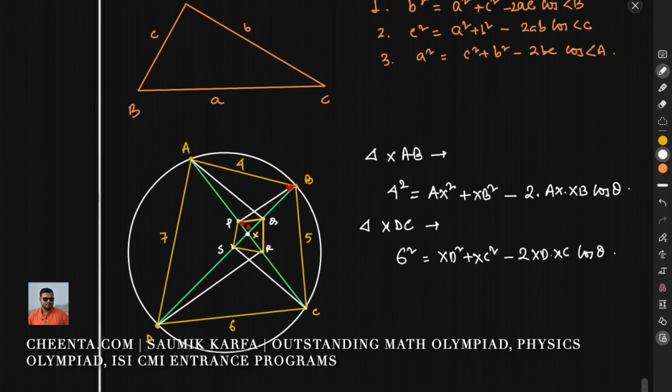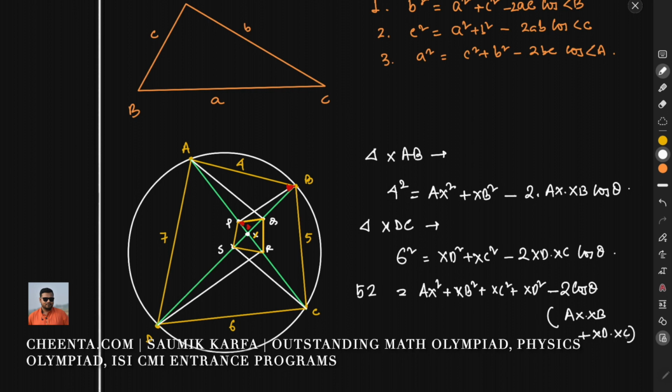Okay, fine. Now let us add up these two relations, and what we get: 4 squared plus 6 squared, that is 16 plus 36, which is 52, is equal to AX squared plus XB squared plus XC squared plus XD squared minus twice cos theta times AX XB plus XD XC.